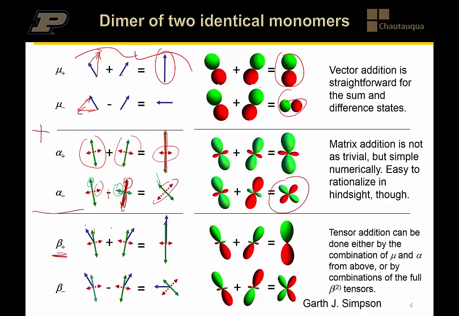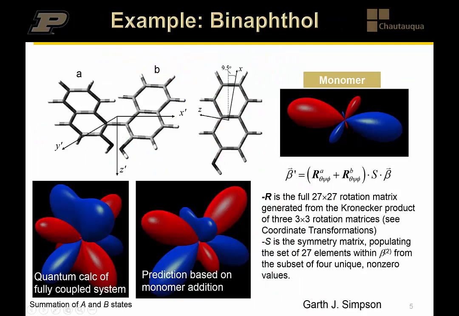And so we just do the same vector addition and subtraction that we did before for the transition moment, and the same matrix addition and subtraction that we did for the Raman or two-photon matrix, and these are the corresponding Statutory representations for the sum and difference state. And of course, they have their own corresponding hyperellipsoids as well.